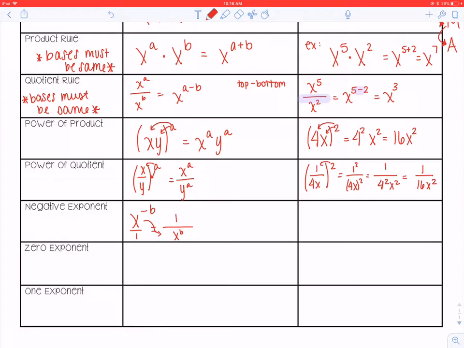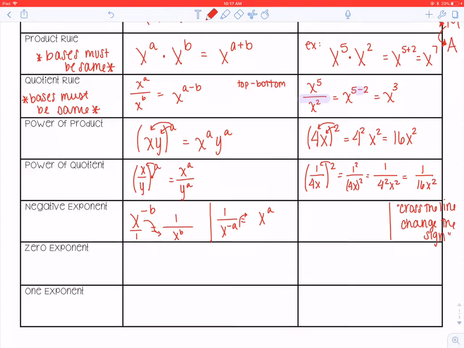If I have a negative exponent on the bottom, the way to make it positive is to bring it up top and change the sign. So the little mnemonic device I use is cross the line, change the sign.